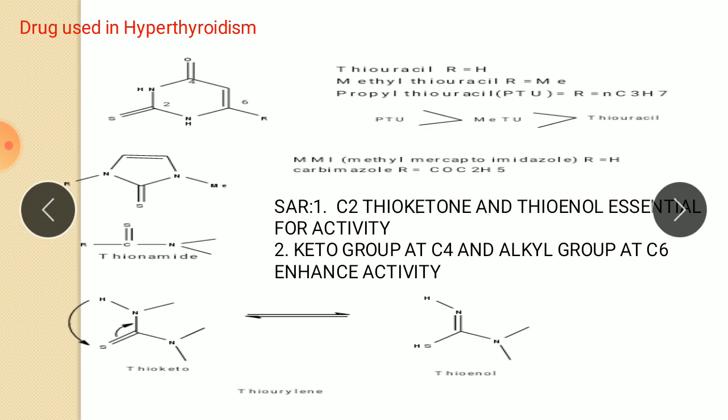Now the PTU and MMI, that is propylthiouracil and methyl mercaptoimidazole, that is MMI, are taken up by thyroid gland and act as a substrate and inhibitor of thyroid peroxidase enzyme.